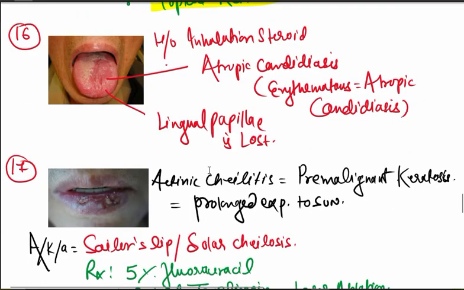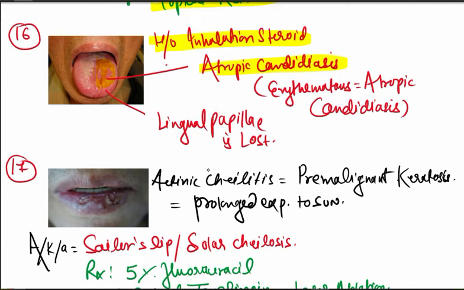Next condition. So the patient is showing his tongue, and here is the loss of normal topography of the tongue. This is atrophic candidiasis. So the patient is taking inhalation steroid for a long time for a condition like asthma.